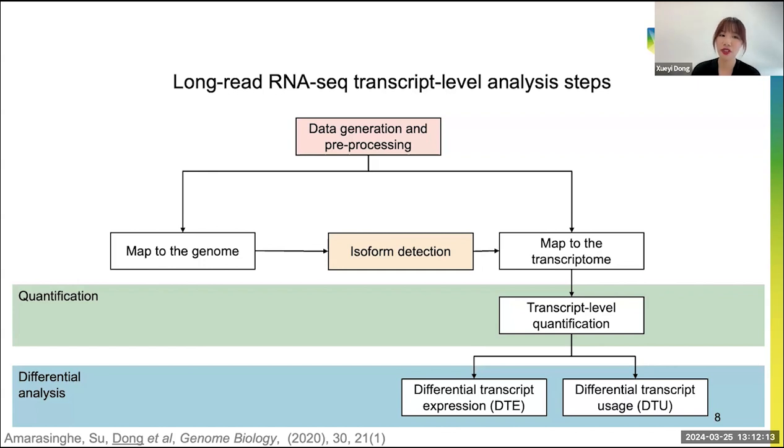After detecting the novel isoforms, we can map the reads to the transcripts that we detected in the isoform detection step. But we can also skip that, and if we have a reference transcriptome, we can directly map the long reads to the reference transcriptome.